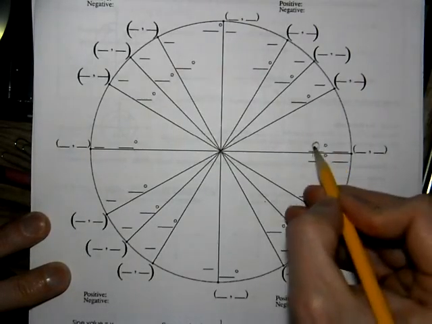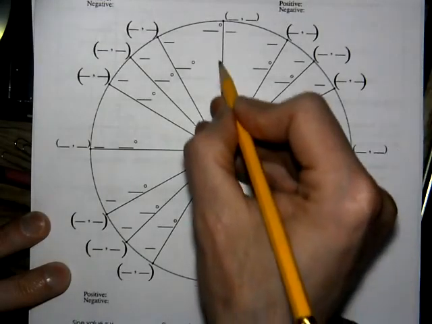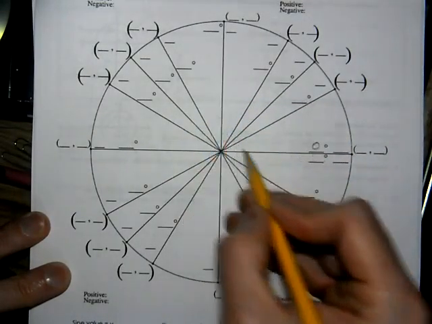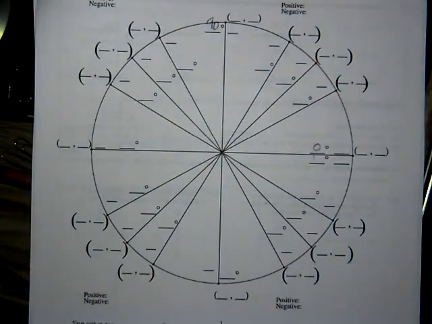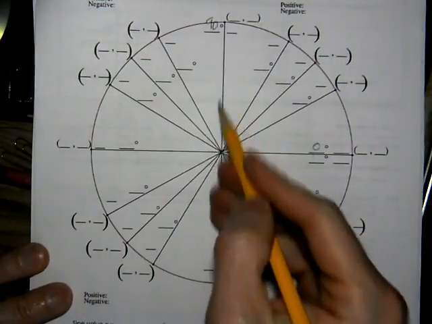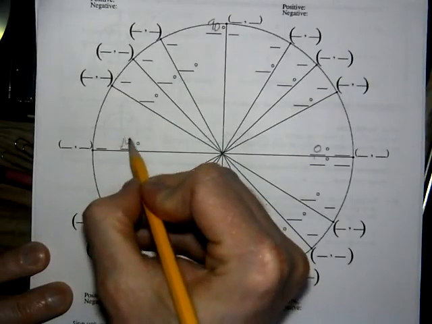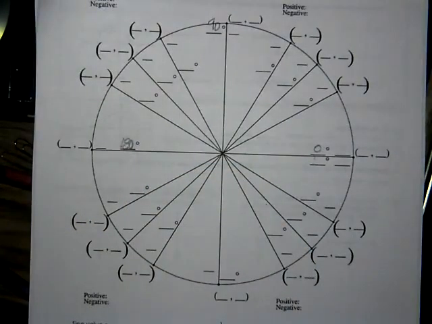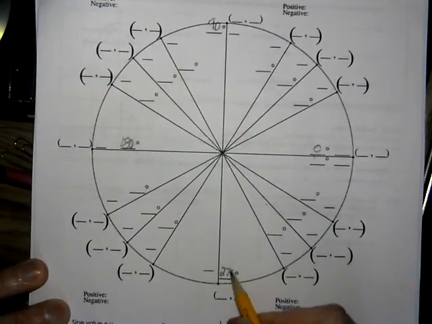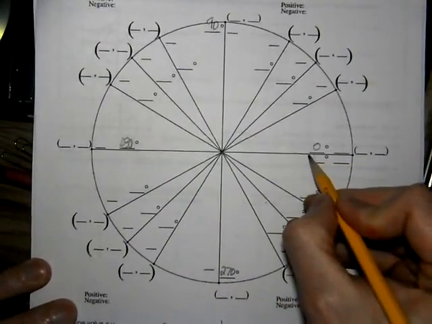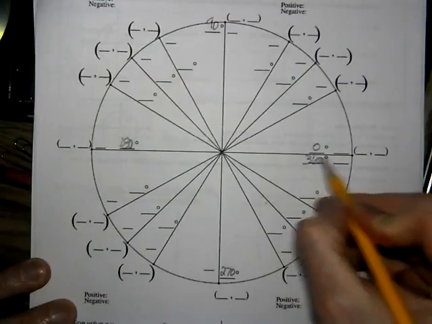To turn 90 degrees, a right angle, we would be up here at 90 degrees. 90 again gives us 180 degrees. 90 again gives us 270, and then 360 degrees.